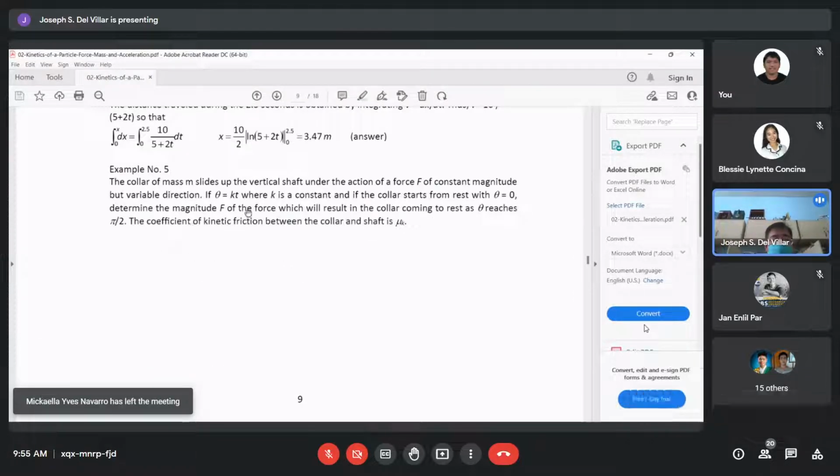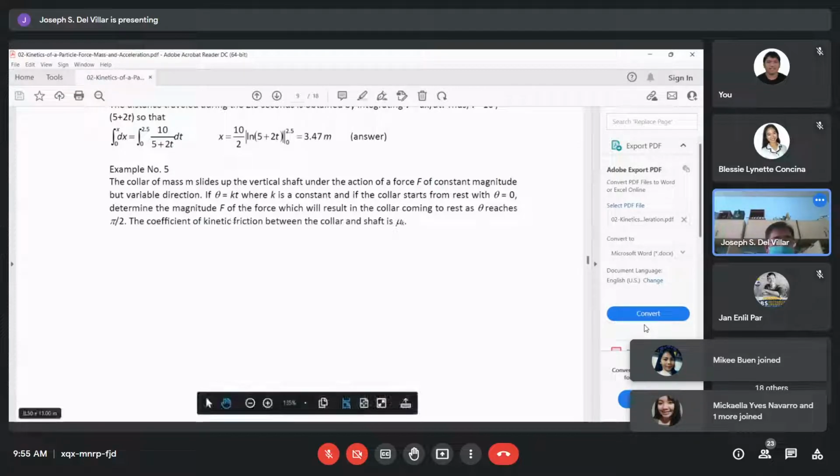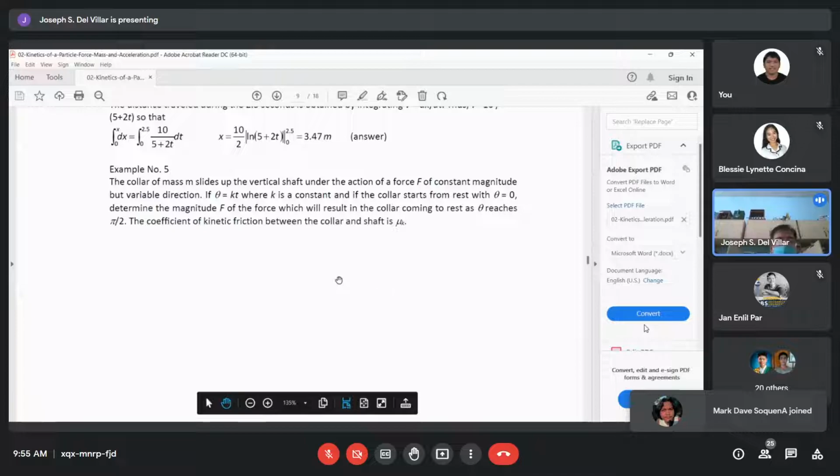Now, if theta is equal to kt, k times t, where k is a constant, and if the collar starts from rest, therefore the initial velocity of the collar is zero.